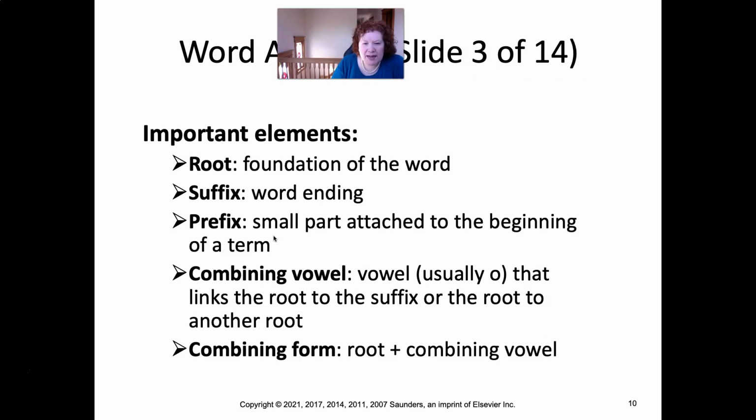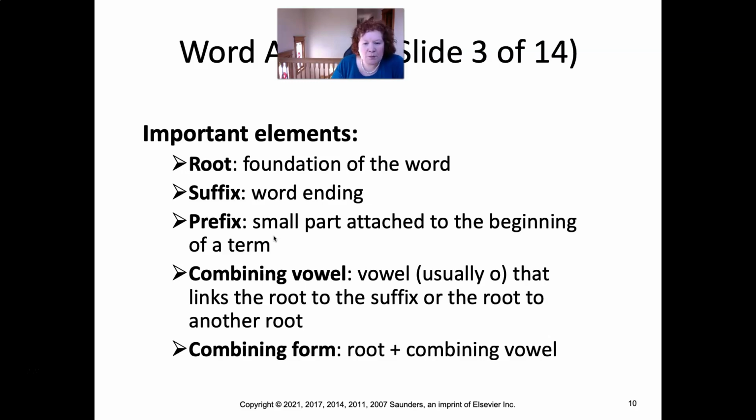The combining vowel links the root to the suffix or to another root, and it's usually O. One of the things you'll notice as I go through these videos is I will point out the ones that don't have an O, that maybe have an I instead, or don't have a combining vowel whatsoever. So make sure you take special note of that because those are things you're going to know.